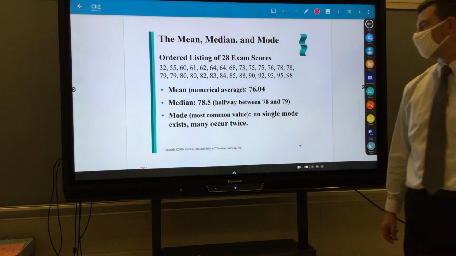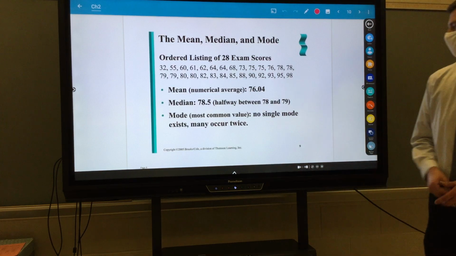Calculators are also good at being dropped on the floor too. Okay.